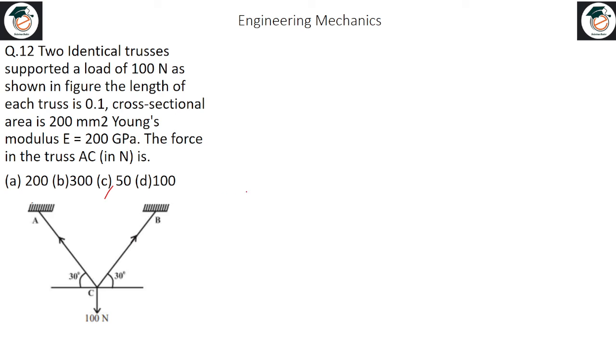According to Lami's theorem, first we need to find this angle. Let this angle be alpha and the whole angle is 180. So 180 equals alpha plus 30 plus 30, so alpha plus 60 equals 180, and alpha equals 180 minus 60, so the value of alpha is 120.